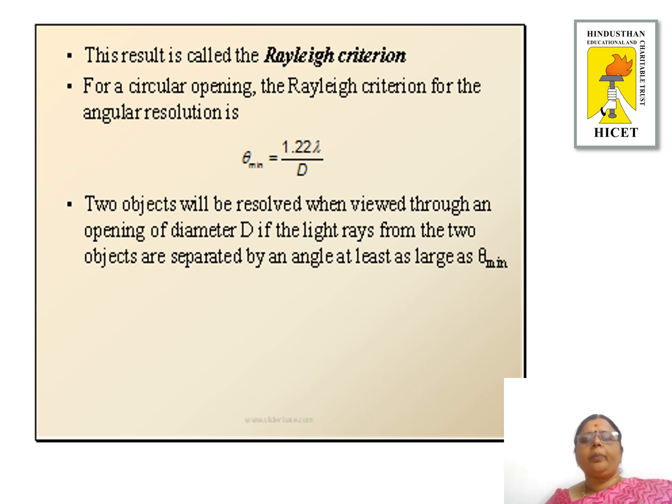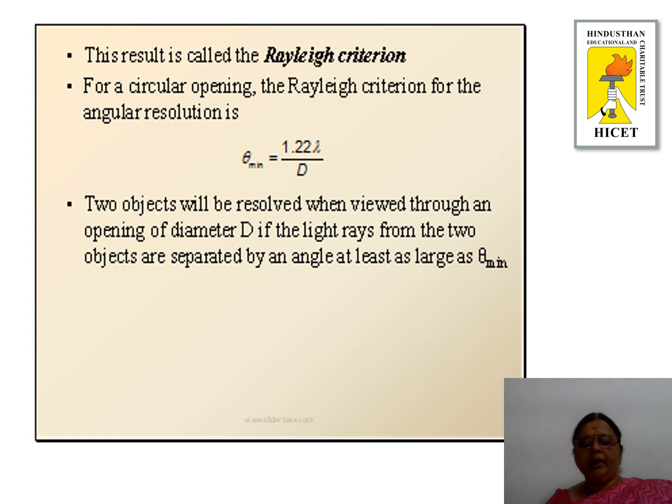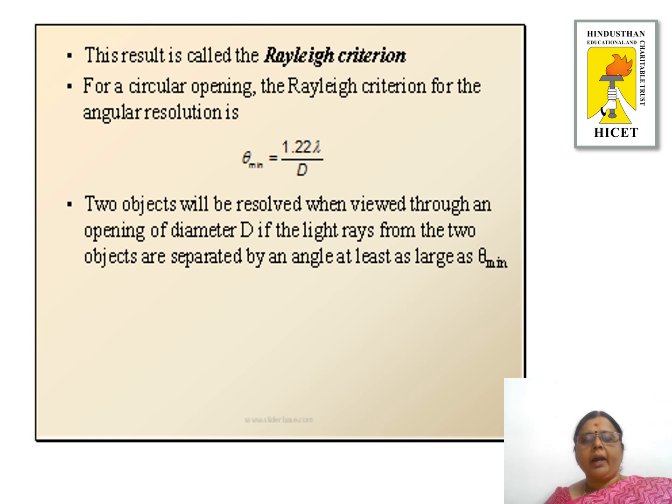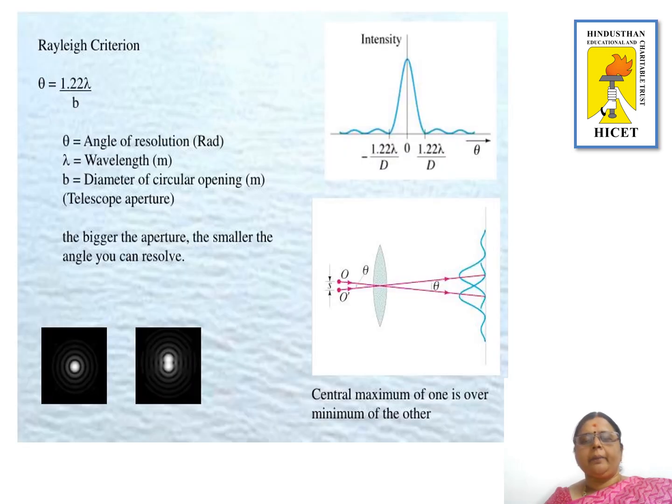For a circular opening, the Rayleigh criterion for the angular resolution is theta minimum equal to 1.22 times lambda divided by D. Two objects will be resolved when viewed through an opening of diameter D if the light rays from the two objects are separated by an angle at least as large as theta minimum.